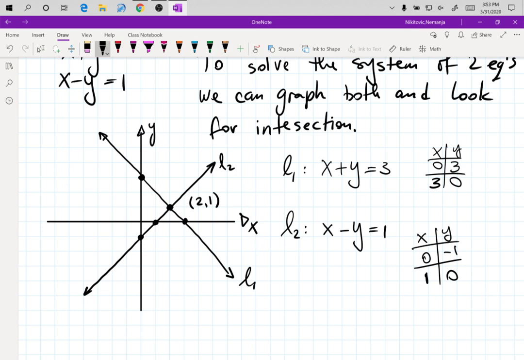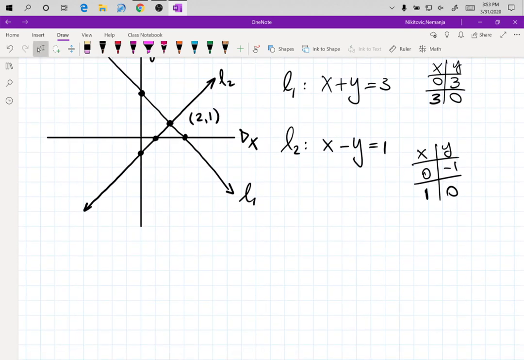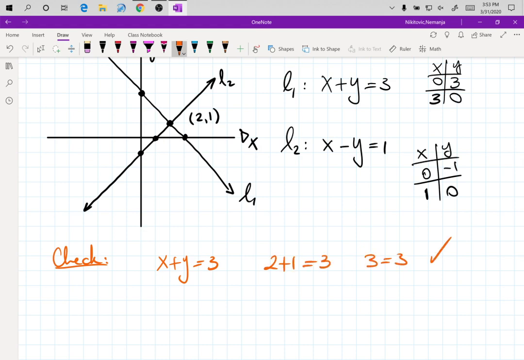Now let's say you don't trust it, right? You want to check. To check, you plug your answer into both equations. So X plus Y equals 3, 2 plus 1 equals 3, 3 equals 3. We're good with the solution.